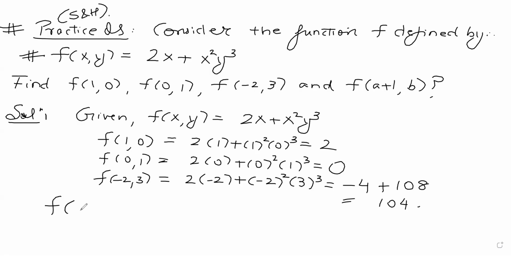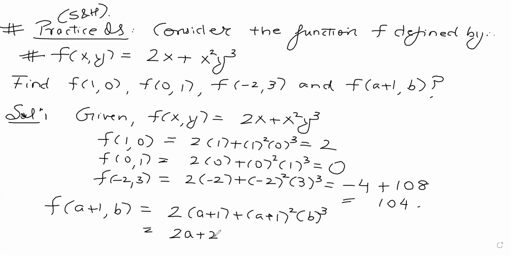And if I ask you what is f of a plus 1 comma b, put x as a plus 1 and put y as b. So it's going to be 2a plus 2 plus a square plus 1 plus 2a times b cube.